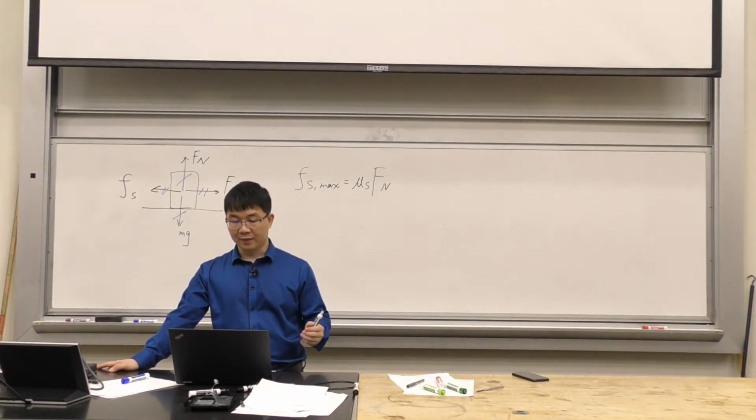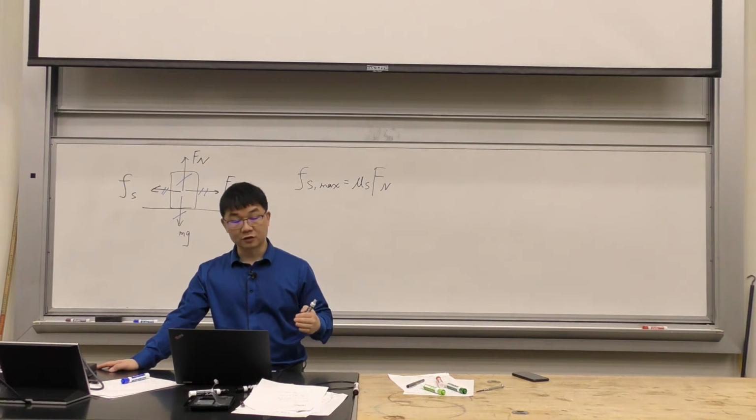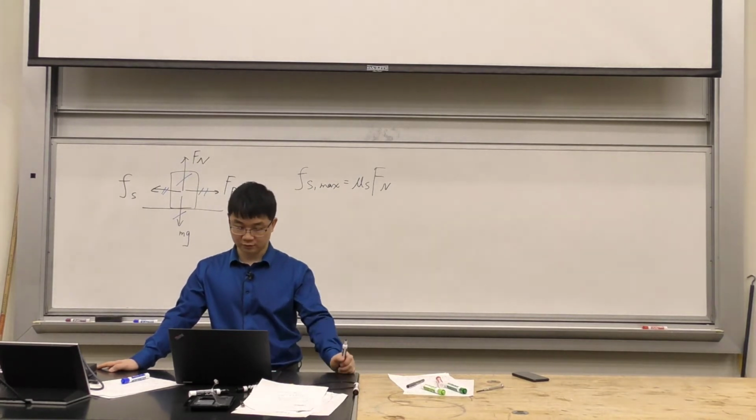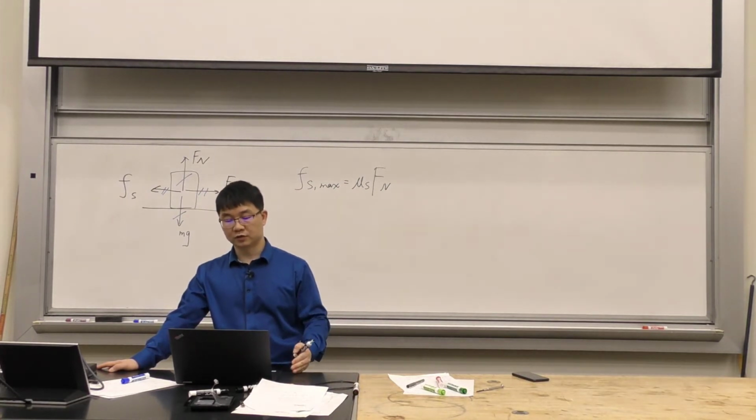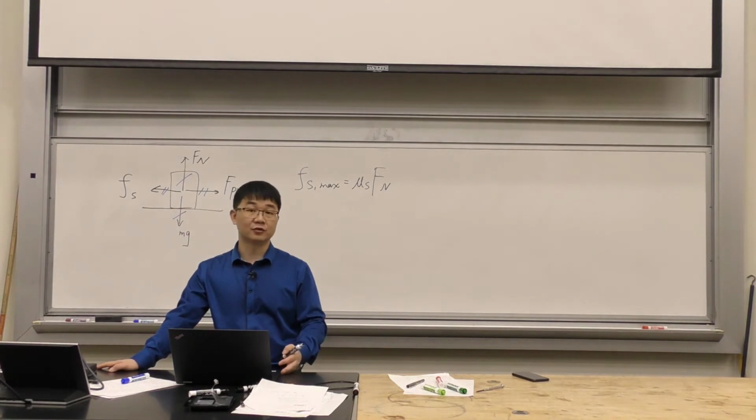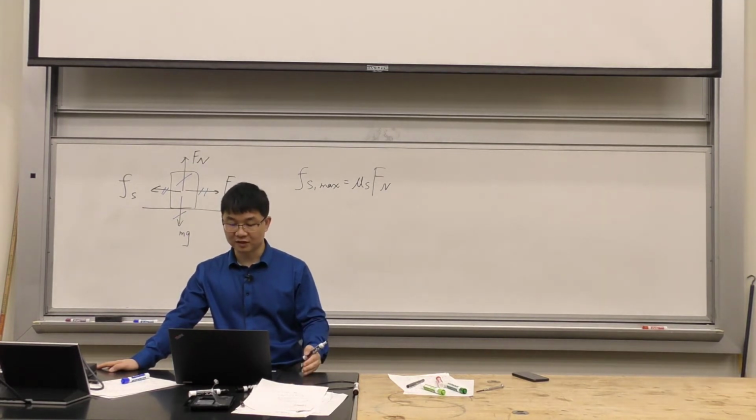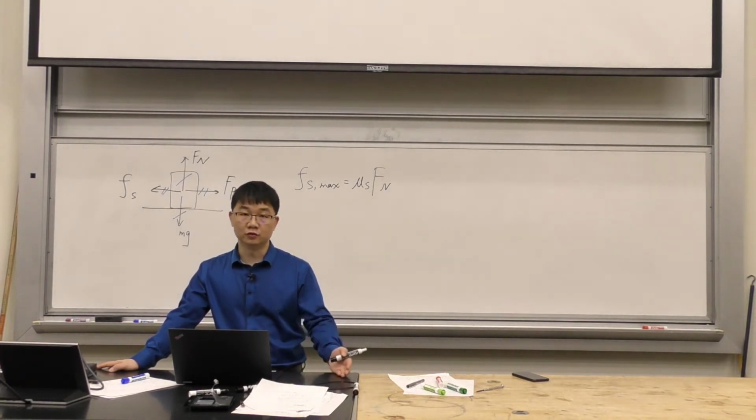And then you push it a little bit harder, the static friction force from the surface is also going to get a little bit larger, again, to balance the pushing force. And then if you want to make this thing move, you're going to overcome the static friction force.